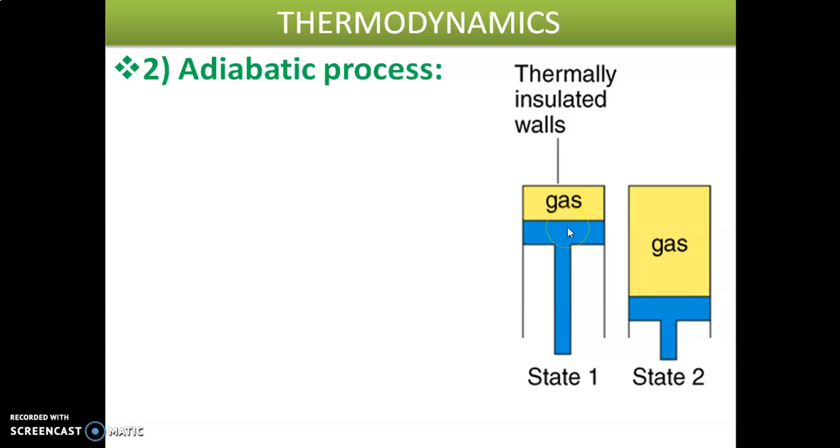If we apply force on the piston, if we drag this piston in the downward direction, at stage 2 we will have pressure P2, temperature T2 and volume V2.